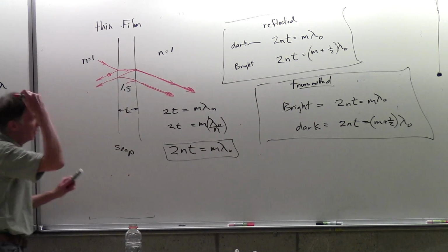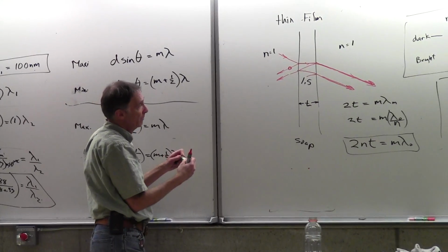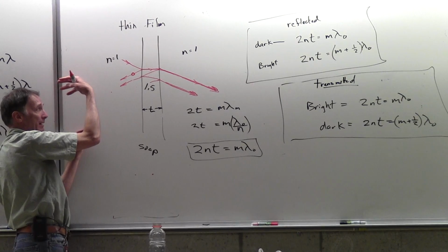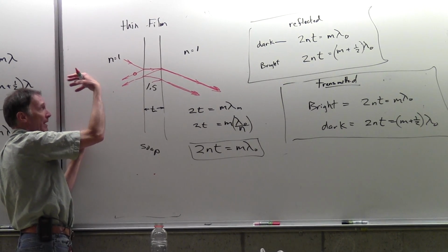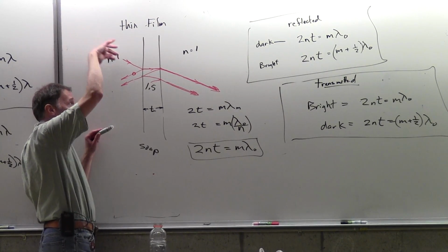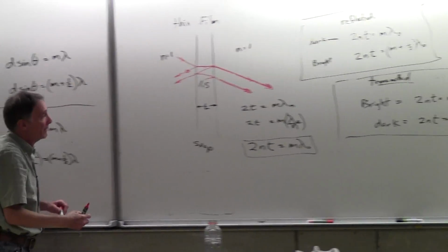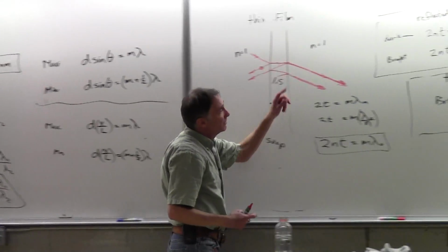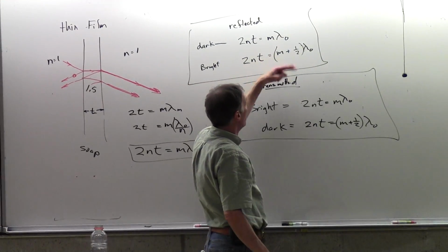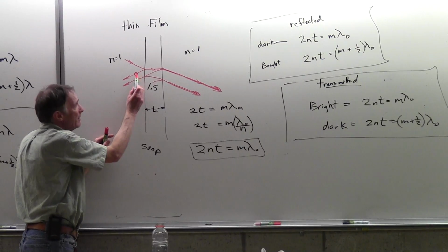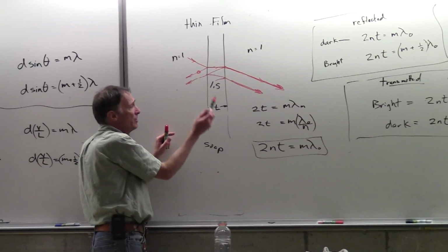So that makes a bit of common sense, I hope. Make a distinction between reflected light coming back this way, bouncing off, and the light originally coming this way that is going to transmit on through. Now, be careful about just memorizing these formulas. You want to pay attention to how many phase changes you have.